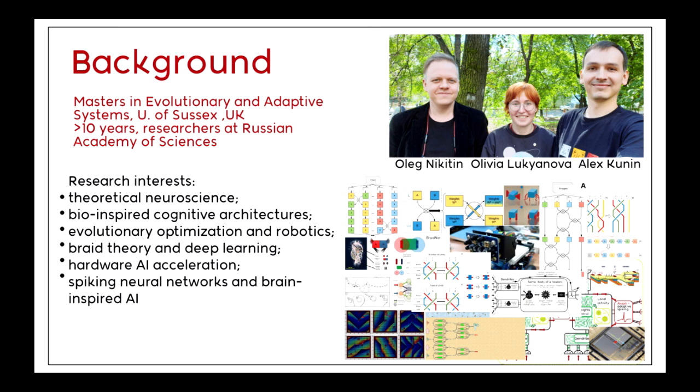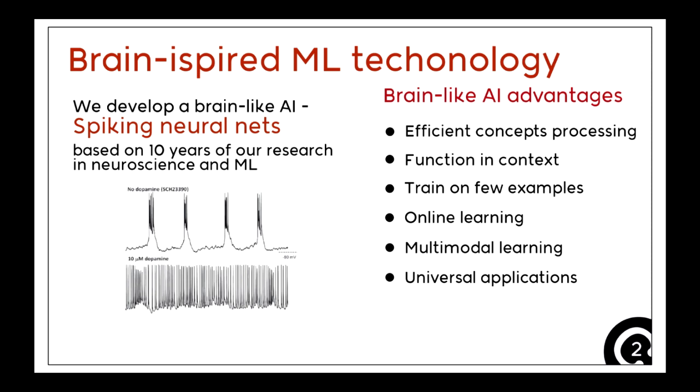So brain-inspired neural networks is kind of an emerging field now because some brain-like AI have some advantages over traditional deep learning, which is the ability to train online and train on few examples, having smaller data sets, and maybe train faster with faster convergence.